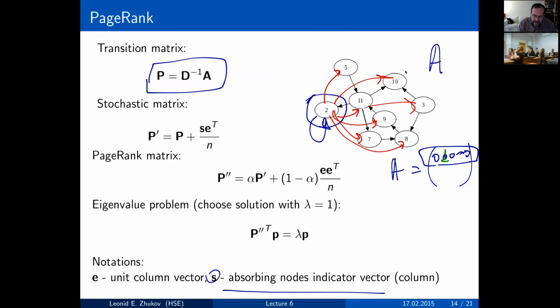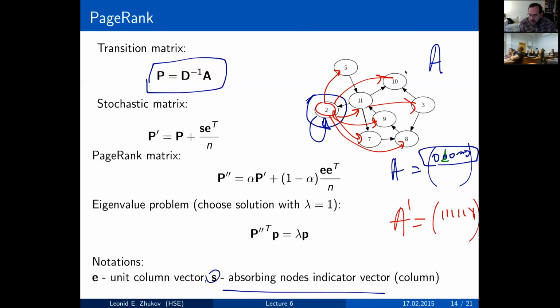If I connect this node to every other node in the graph, it really means I modified my matrix by creating a row of ones. I don't want to store that row. So that's why it's virtual. But it's not only that. I need to create those rows, and I need to make sure that the matrix is stochastic. So in this case, if I want this to become a transition matrix, it's not.